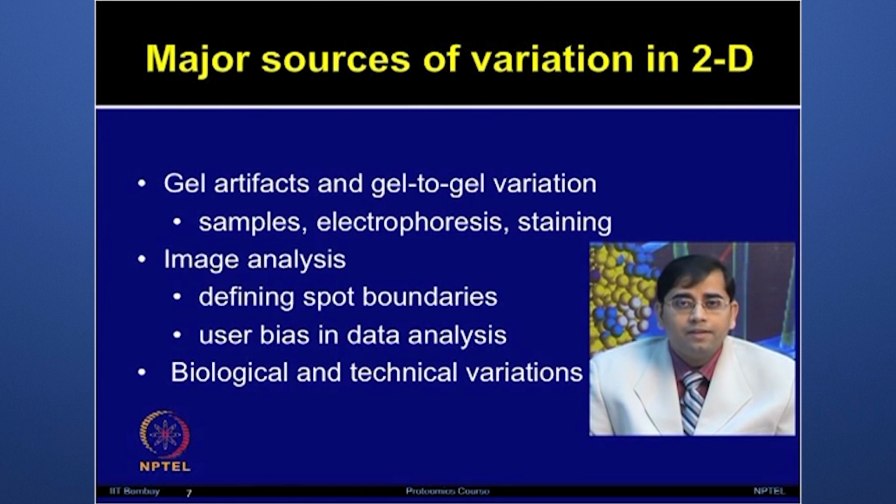Then you have different types of technical and biological variations. The image analysis itself is a very challenging process. How to define the spot boundaries, how to extract the intensity information from those spots. Often there is a user bias in doing this type of data analysis. So, these are major sources of variation in two-dimensional electrophoresis.